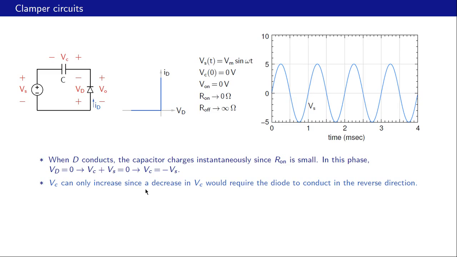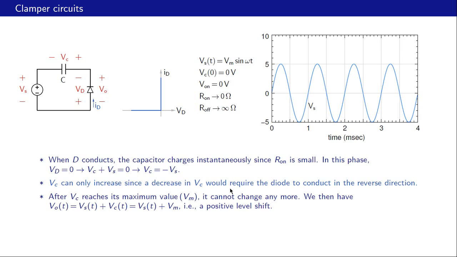And that is because a decrease in Vc would require the diode to conduct in the reverse direction, which is not possible. Third observation, after Vc reaches its maximum value, which turns out to be Vm, and we will see that in the plot, after that point, it cannot change anymore. Why? Because it cannot decrease for this reason, and so it cannot change.